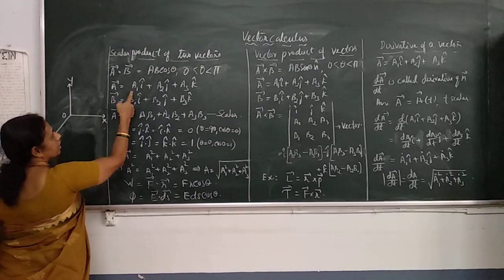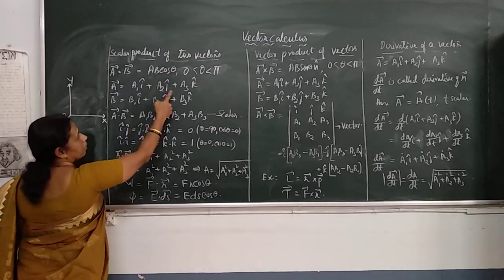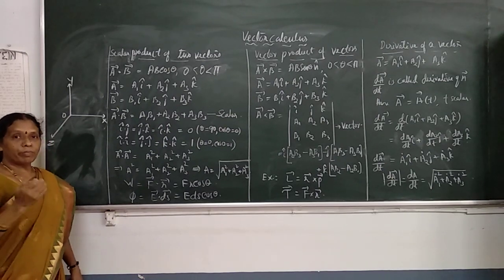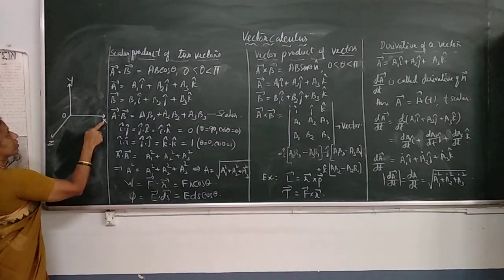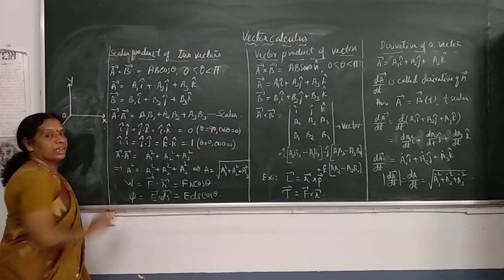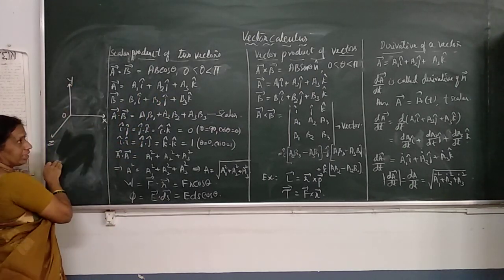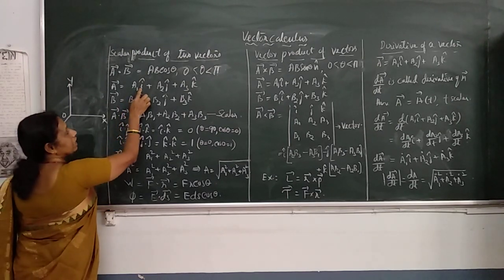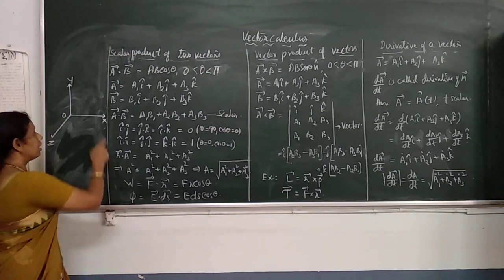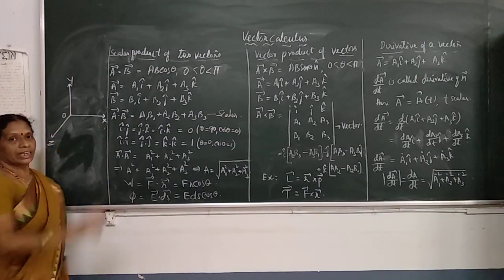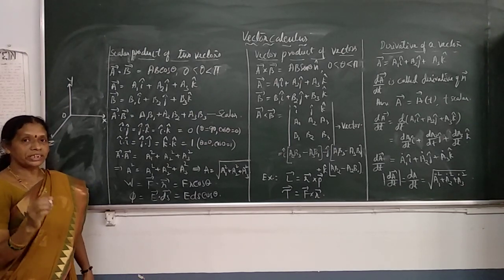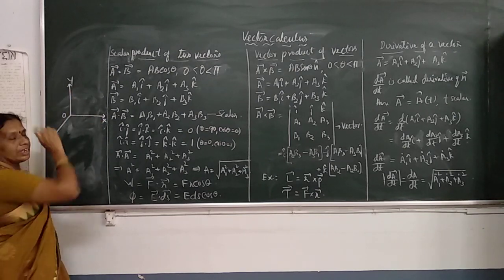The vector A is A1 i cap plus A2 j cap plus A3 k cap. Here A1, A2, A3 are the components of A along X, Y and Z directions respectively, whereas i cap, j cap, k cap are the unit vectors along X, Y, Z directions.